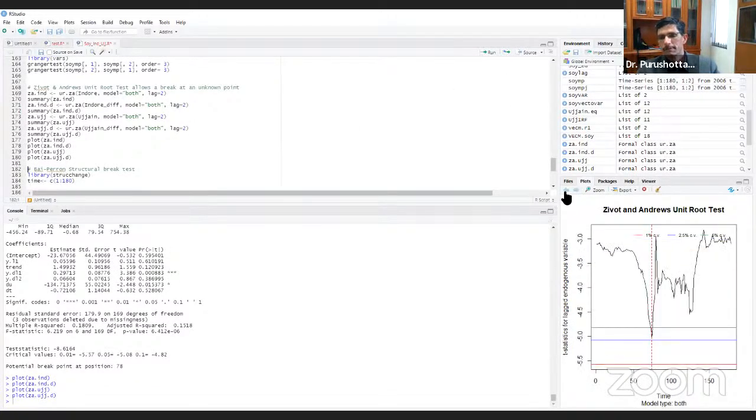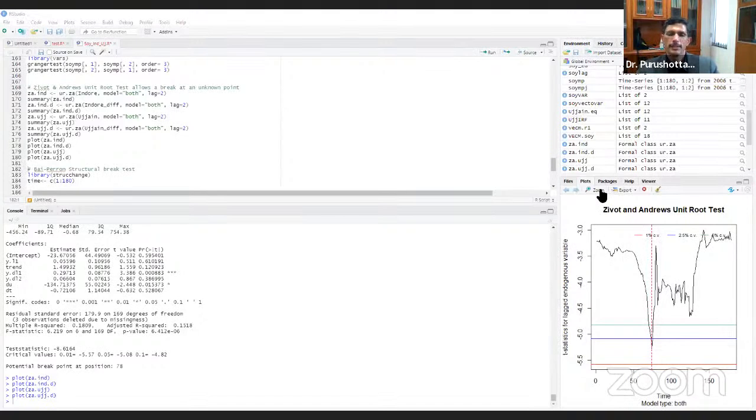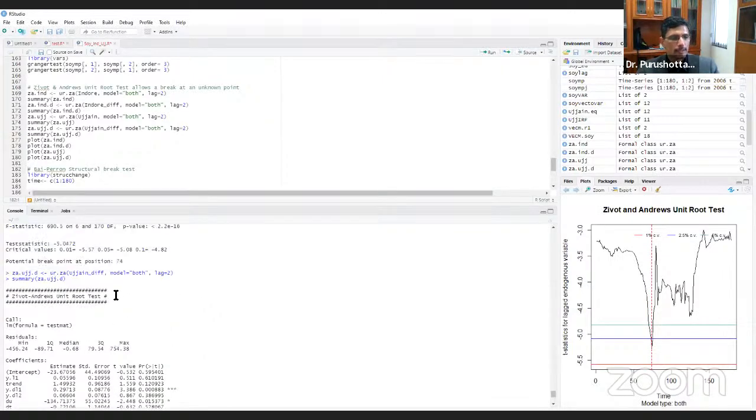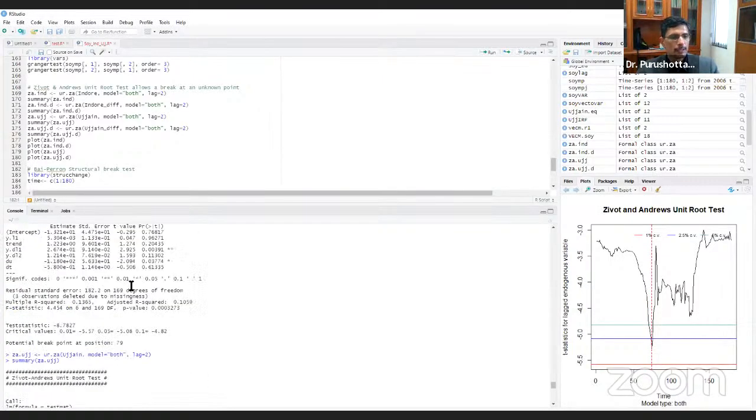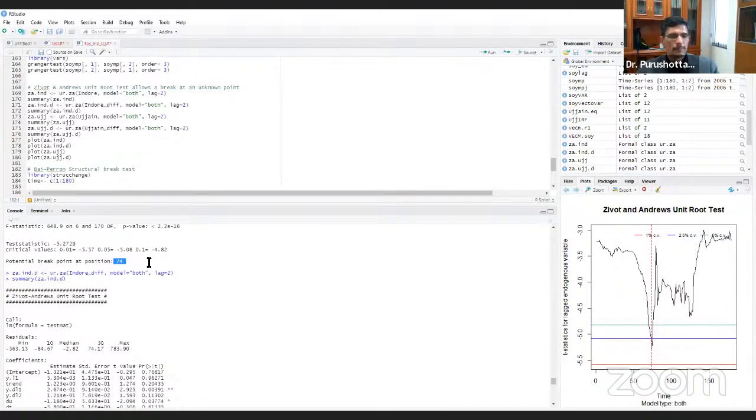So if we see whether there is any structural break in the series, the Zivot-Andrews test we have performed says there is a break in the series at position 74 in both the series. 74 and 78 in the difference series, and 74 in the level series in both the cases.